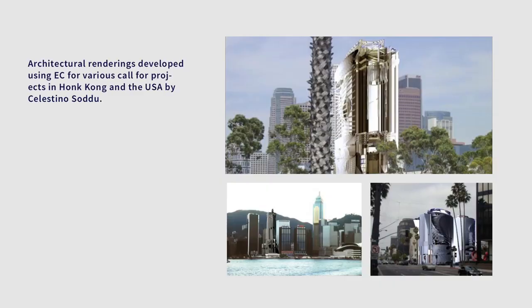The Italian architect Celestino Soddu has also been one of the most vocal advocates of evolutionary architecture and design. He is also the organizer of a yearly conference on generative art. Here are some architectural renderings developed using evolutionary computation for various calls for projects in Hong Kong and the US.